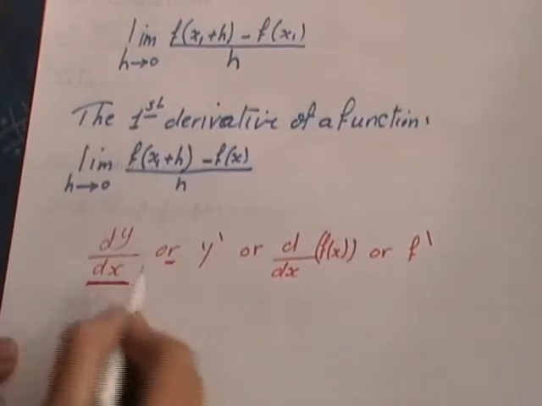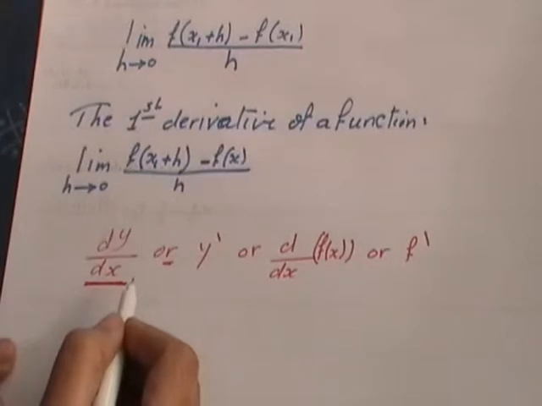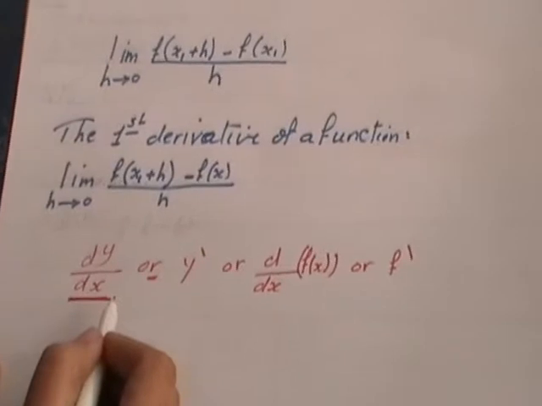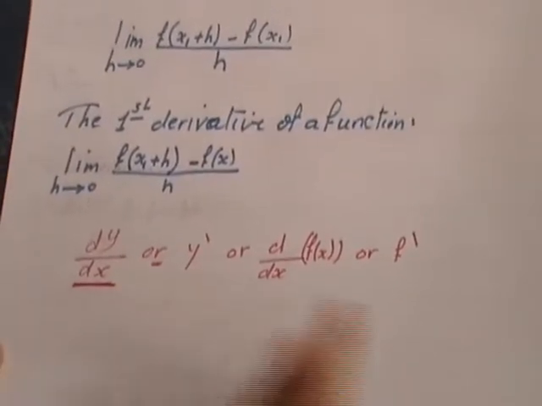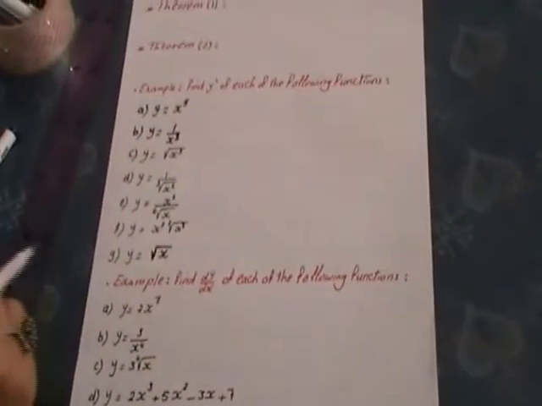Now we must know that dy by dx is a mathematical expression, not defined as a quotient of dy by dx, but meaning the derivative of y with respect to x. Let's see now the rules of differentiation.